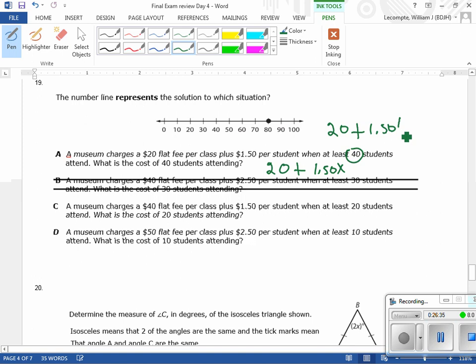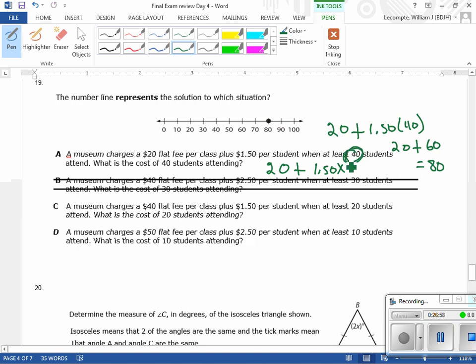A lot of kids ask, well, which way does the arrow go? It doesn't matter in this equation. They want to know if you know how to plug numbers back into the equation to solve for x. So that's putting the 40 back into your inequality or your equation. So my answer would be A.